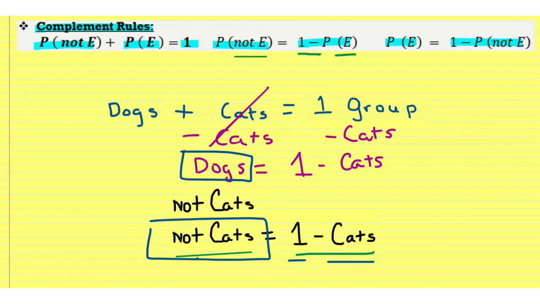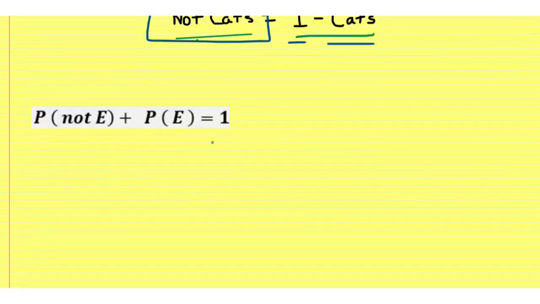I know it seems a little bit convoluted, but it's going to make more sense in a second, because we're now going to talk about this in terms of numbers. Probabilities are just numbers. So the probability of not a cat and the probability of a cat could be just numbers. For instance, let's say there's a 40%, or 0.40, chance that these are dogs, and a 60% chance that these animals in the group are cats.